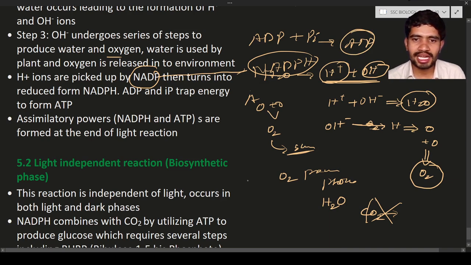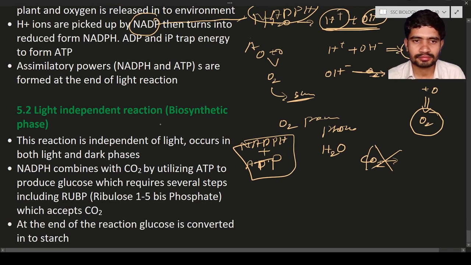This NADPH plus ATP, both are known as assimilatory powers. So they are used for the next stage, that is known as the light independent reaction or biosynthetic phase. This reaction is independent of light, that is why it is known as the light independent reaction.